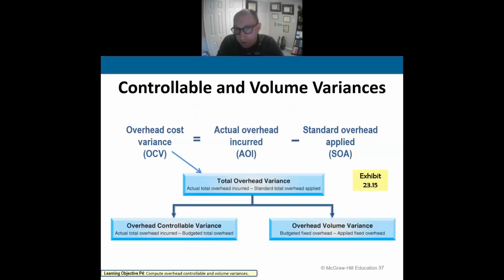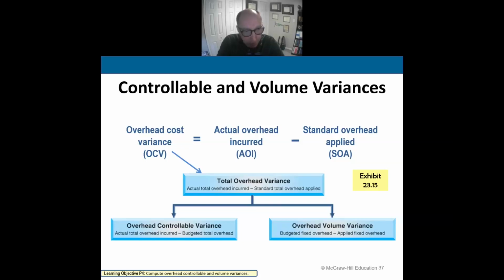The volume variances work very similarly. Volume is the amount, the quantity. The variances for overhead in terms of volume are based off of the actual units produced. We apply the overhead cost variance by taking the actual overhead minus the standard overhead.